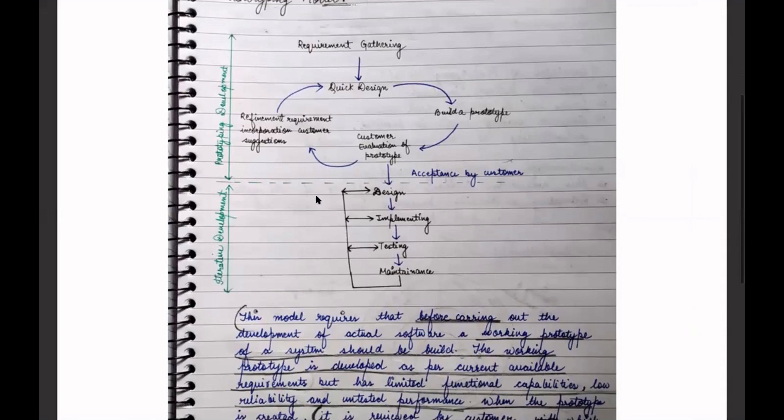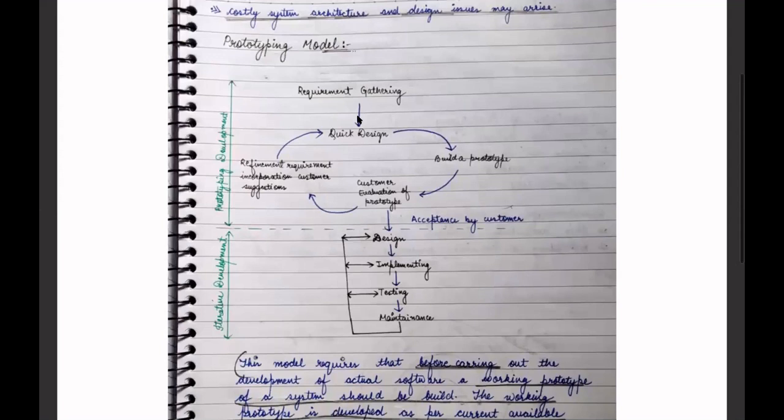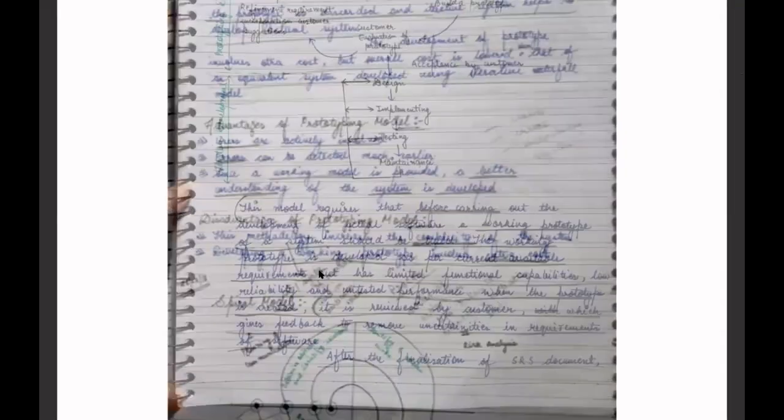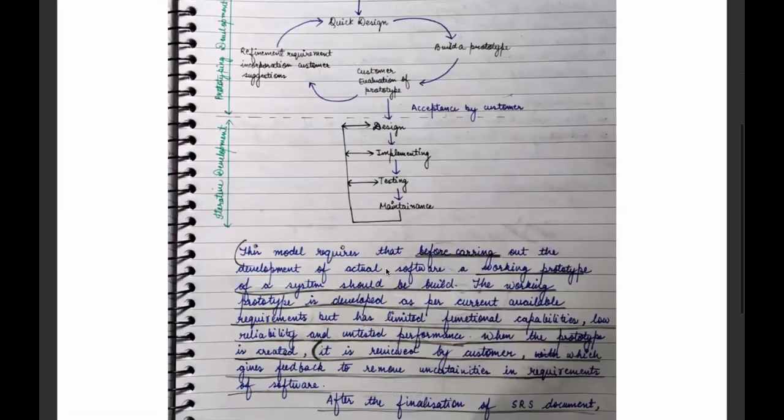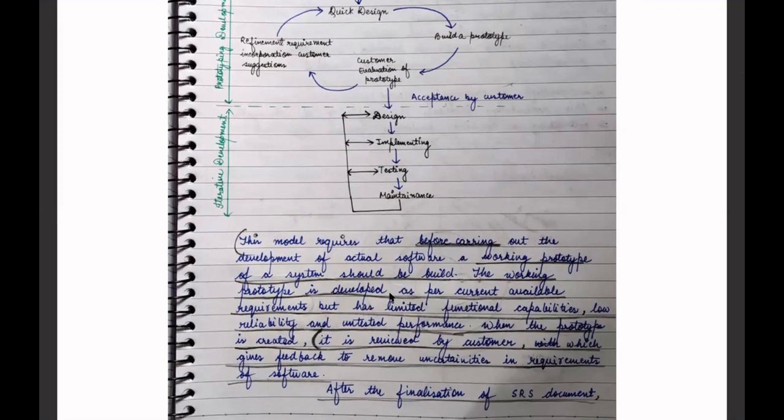Here is a figure which shows how the prototype model works. This model requires that before carrying out the development of the actual software, a working prototype of the system should be built.